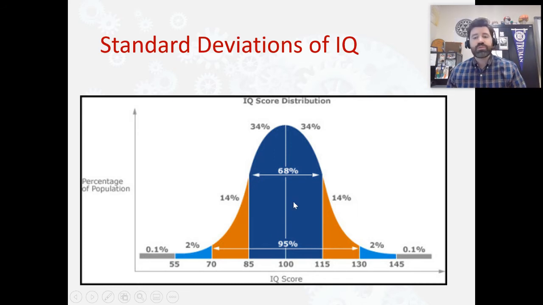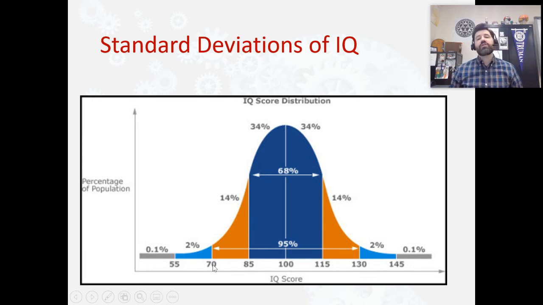Or you put them together. If average IQ is 100, we know that 68% of the population has an IQ between 85 and 115. If we go to the next standard deviation over, well, a standard deviation is 15 points, so we just add 15. So now we're looking at people that have an IQ up to 130, or we take 15 from 85 to get us down to 70.